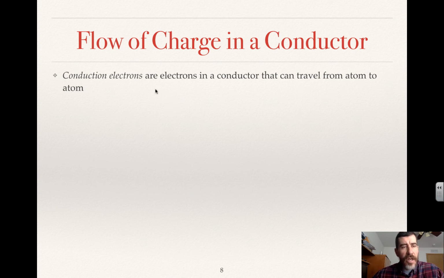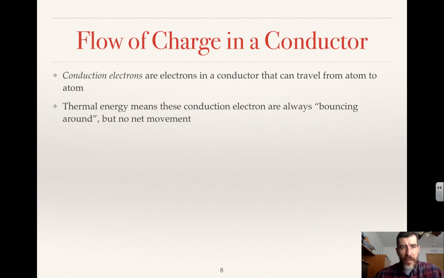So in a conductor, you have something called conduction electrons. And the conduction electrons are electrons that can travel from atom to atom. It's not like they're just freely moving around, so they're actually bouncing back and forth from one atom to another atom. Now, in conductors, these electrons have thermal energy, and the thermal energy is large enough that they're actually able to jump around from atom to atom, so they're not bound to a particular atom.